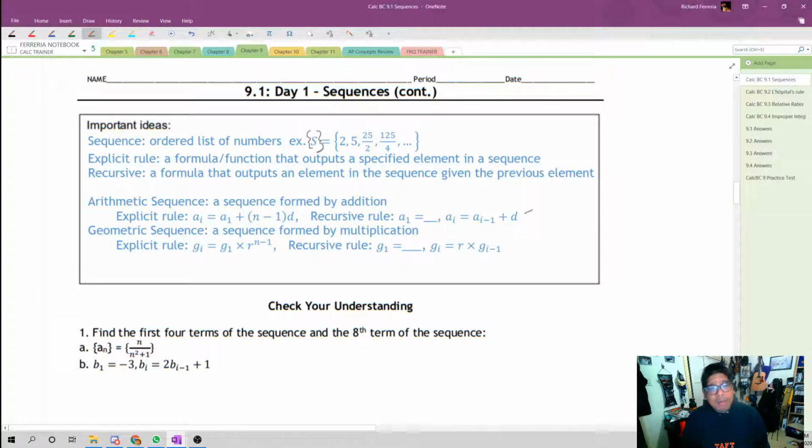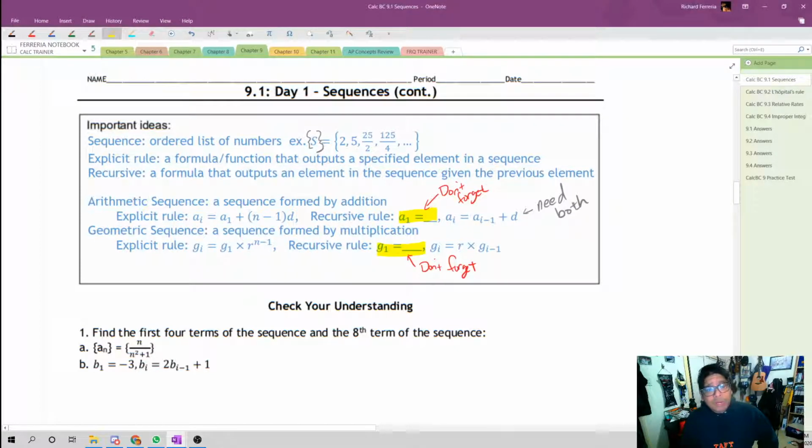You need both. And you can imagine that many negligent students are going to forget A_1. That's true also in the geometric recursive rule. Students will forget G_1, and we have G for the recursive rule for a geometric sequence.